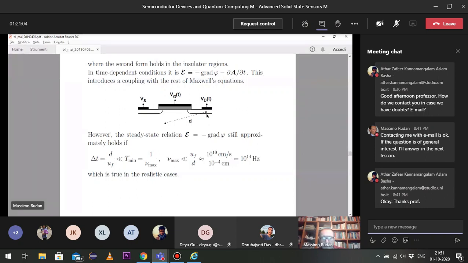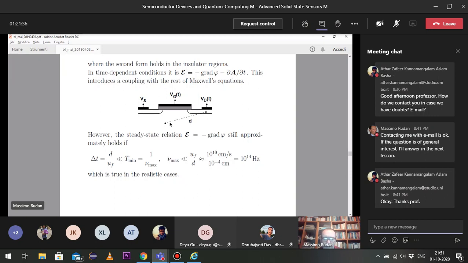Well, obviously, if you take a point immediately underneath the contact, okay, if you change the voltage at the contact, the voltage at this point will instantly change with the same rate, okay, because this point is at the contact, practically inside the semiconductor very near to the contact, okay?